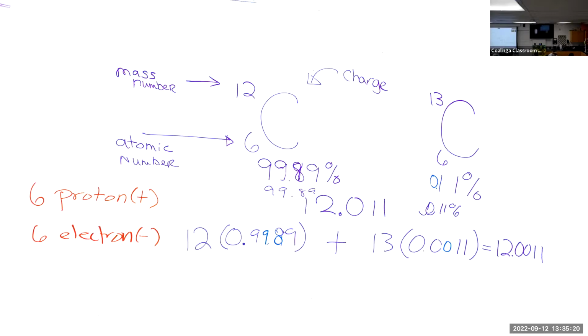Now, there is a third subatomic particle called the neutron. The way that we determine the number of neutrons is we take the mass number and subtract the number of protons.